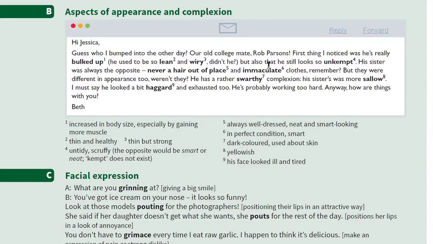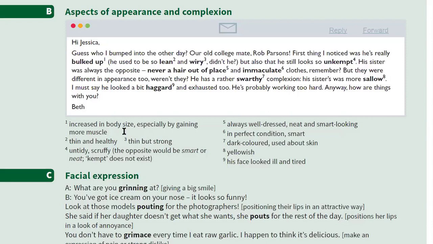Let's look at the words bulked up. It means an increase in body size, especially by gaining more muscle. If somebody bulks up, their body increases, especially by gaining more muscle.